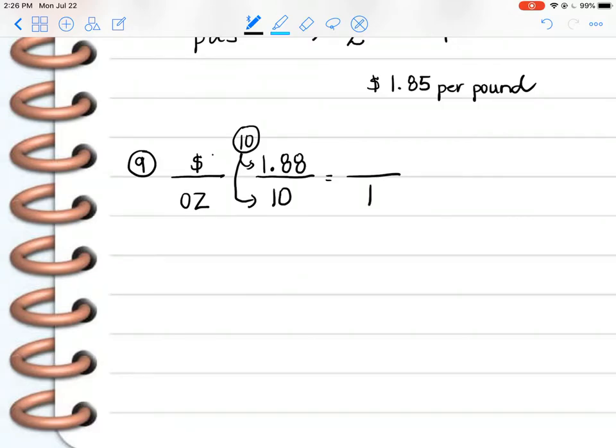And $1.88 divided by 10, if you do that on your calculator, you're going to get a number that you have to round. So let me show you how to round that. You want to go to the nearest penny. So that's about 19 cents per ounce.